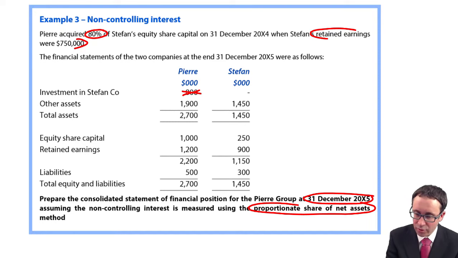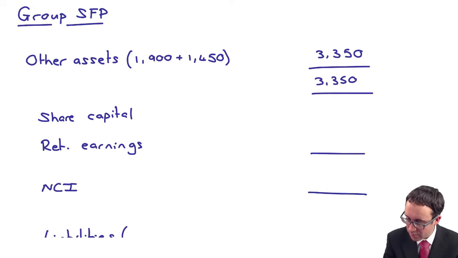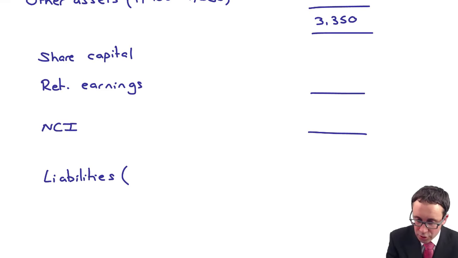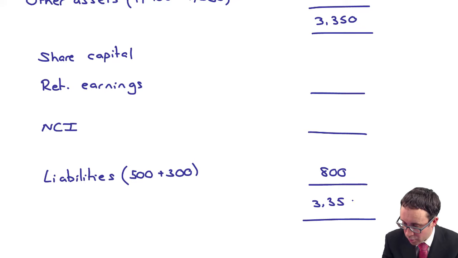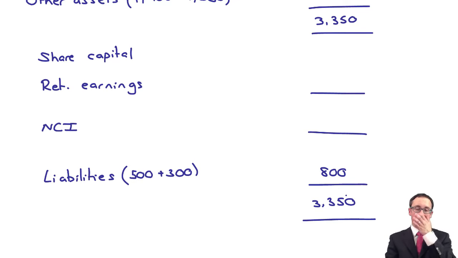You've got, is it 500 and 300? So just use small bracketed workings, what you can do within the exam. That gives me, is it 800? Okay, and I know at the end it should total 3350. If it doesn't, you've done something wrong.